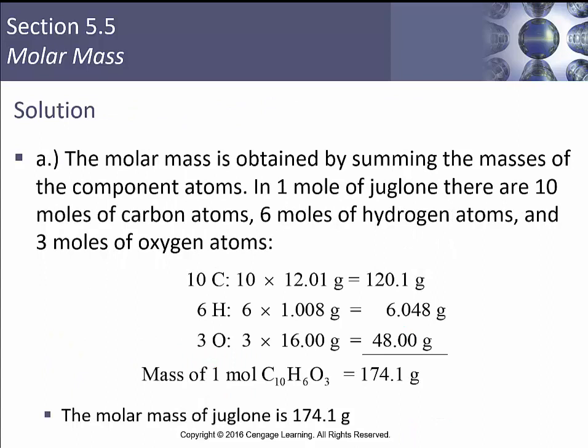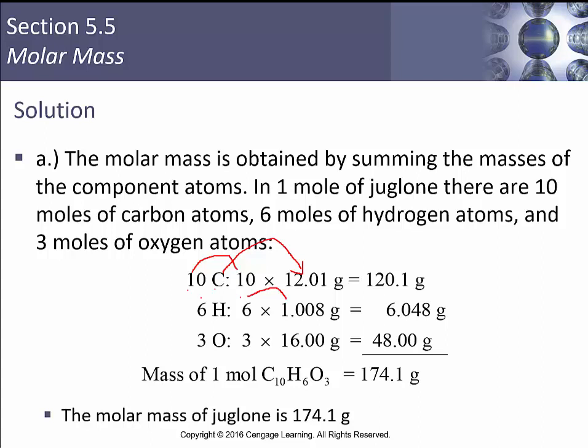So for part A, all you've got to do is add up the atomic weights of each of those atoms. You've got 10 carbons, right? So you're going to do 10 times the 12.01. You look that up off the periodic table, 120.1 grams. You've got six hydrogens. You're going to do 6 times the 1.008.